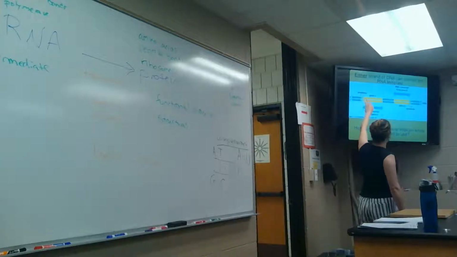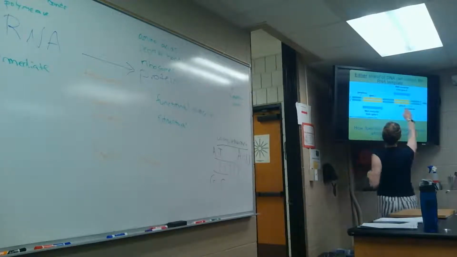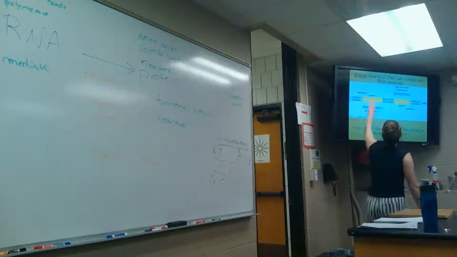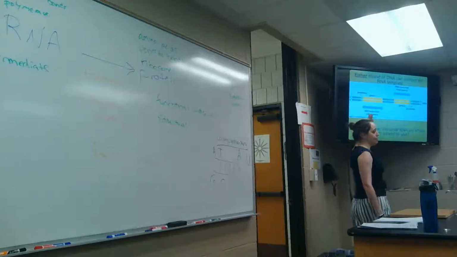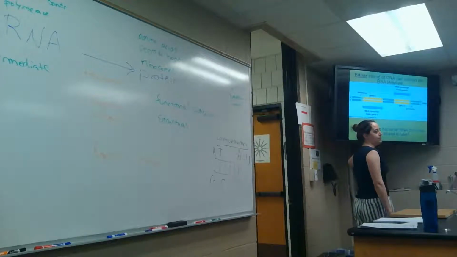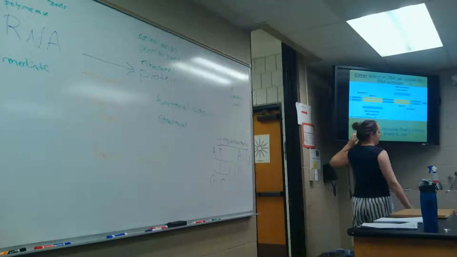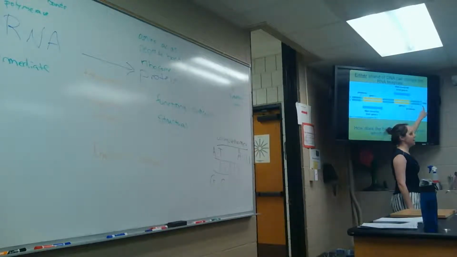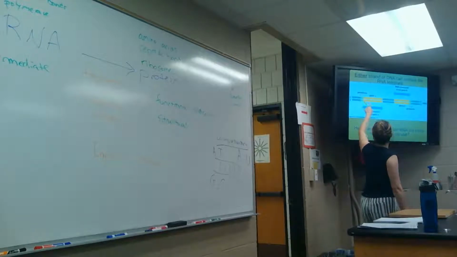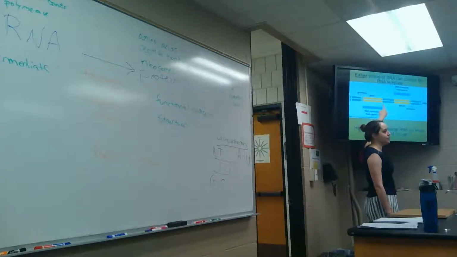So on the left here we have gene A, on the right we have gene B. So gene A, if you're going to read it, which way do we read? Read it right? So we're going to read gene A from the 3' end towards the 5' end. So that means we need to use this bottom strand.